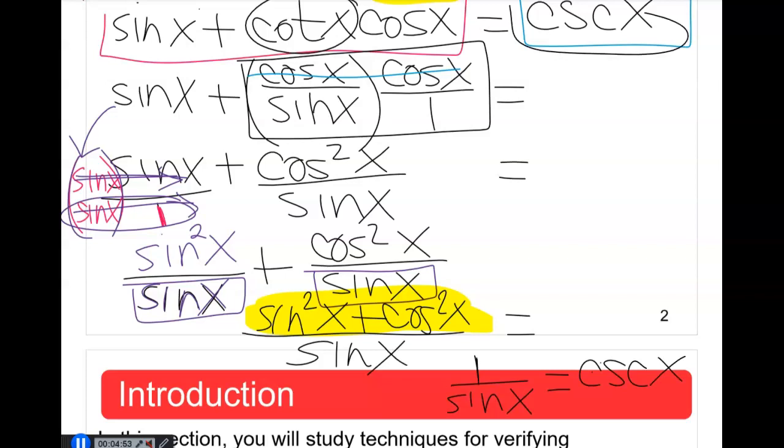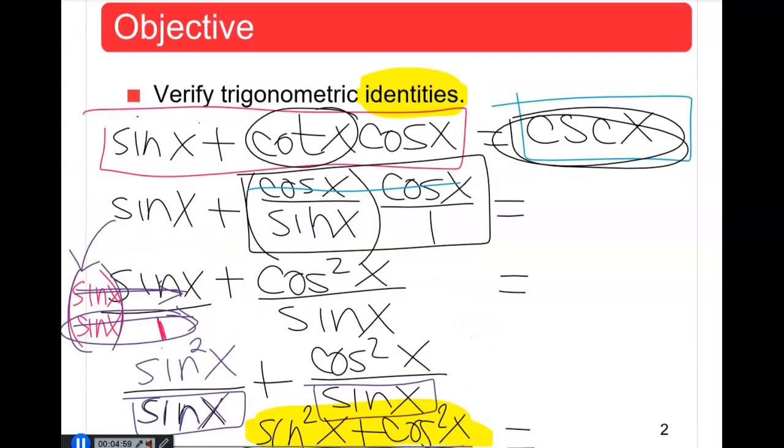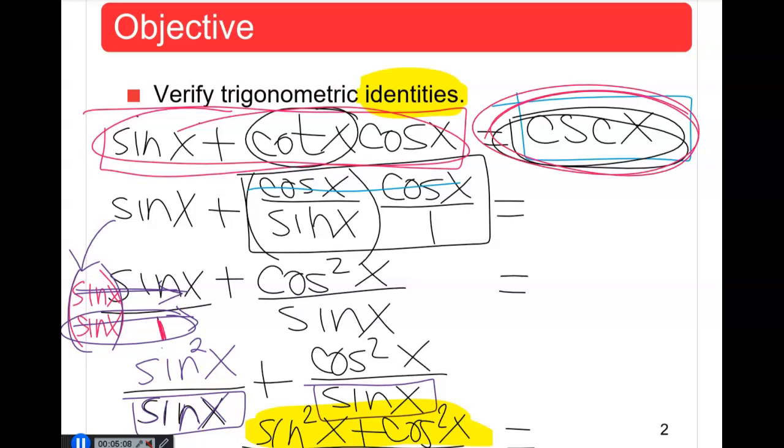And that's what we were trying to prove, or to verify, that the expression that we started with at the beginning on the left turned into what we have on the right. So now once we achieve that, then we could say that the trigonometric identity has been verified.